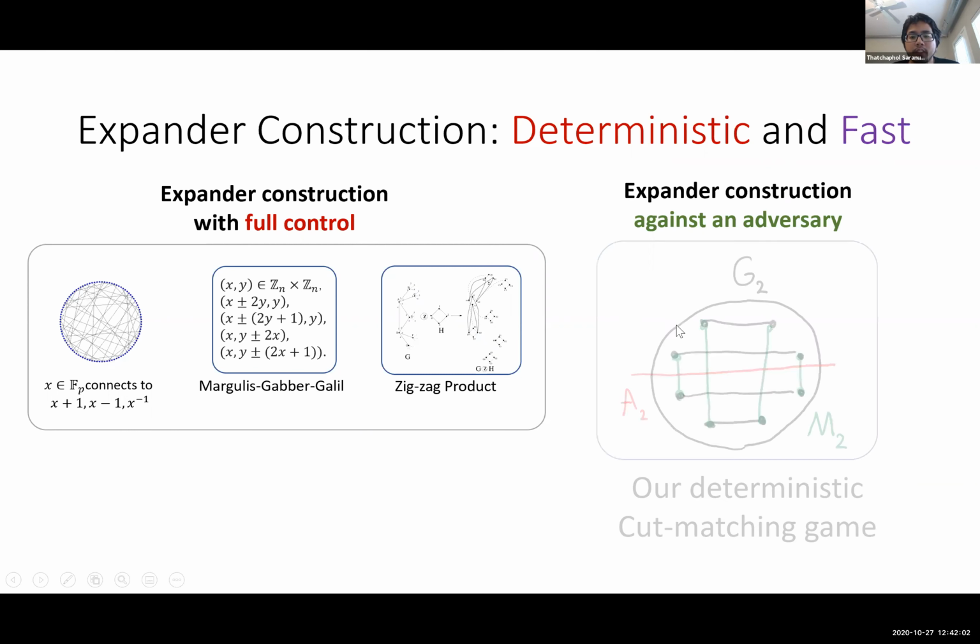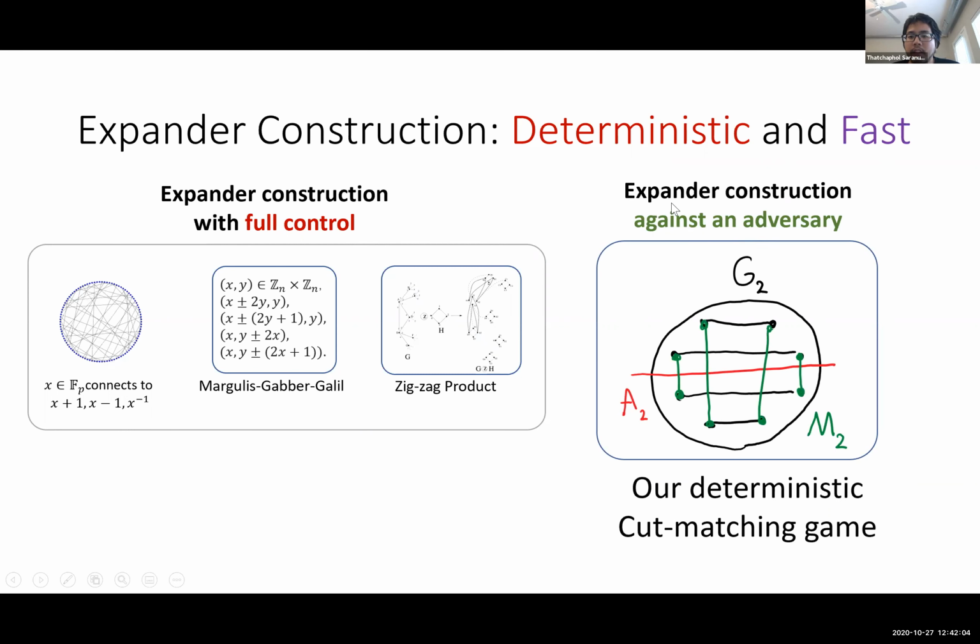But what we show here is that you can actually construct the expander even if there is some adversary, even if you don't have full control. And this is really the case in the cut matching game. Our algorithm is both fast and deterministic, even if the adversary chooses the matching.